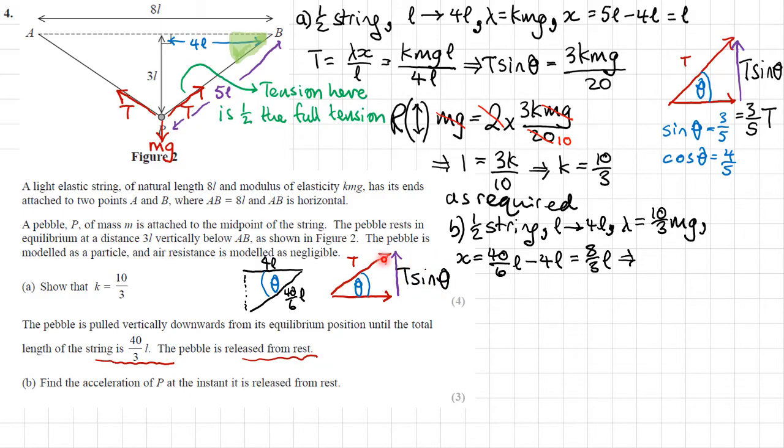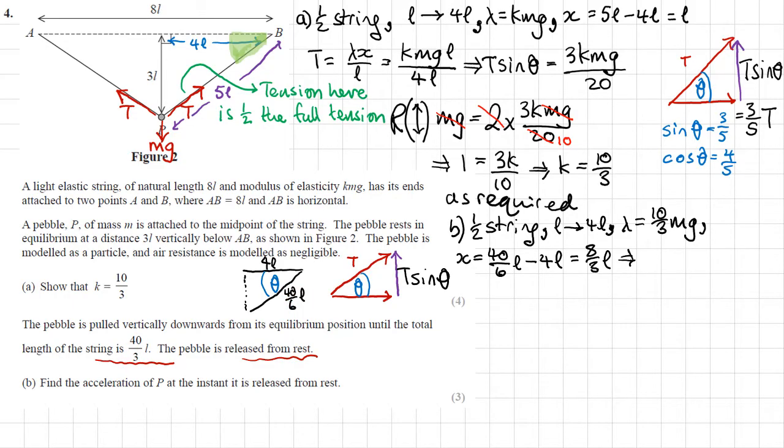So I've got a little diagram here, and this angle theta is the same as this angle theta. Now the pebble is pulled further down, so the lengths have changed from before. This is still 4L here, but this half length to where the pebble is going to be 40 over 6 L, half of this.